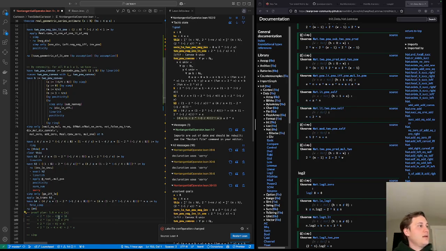And so I can go further, and I can use this lemma here and say that this is like that. And then the remainder will be solved by linarith. Maybe throw in a little step here, which is 2 times x, just to get it back into the right form.